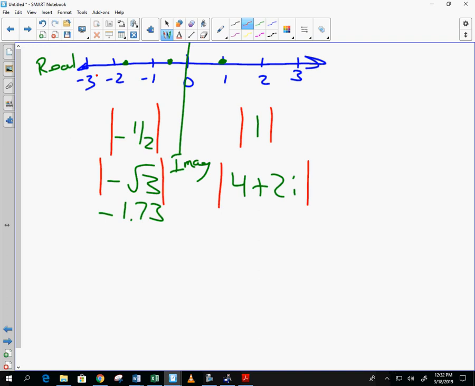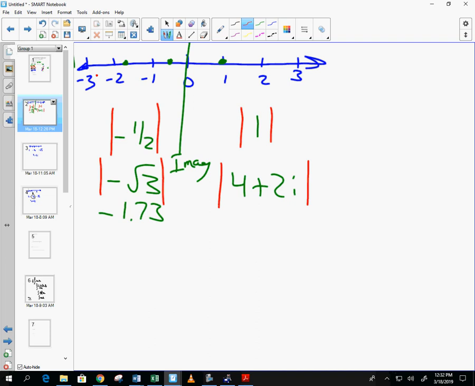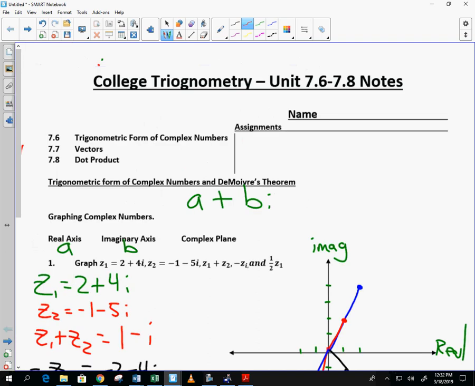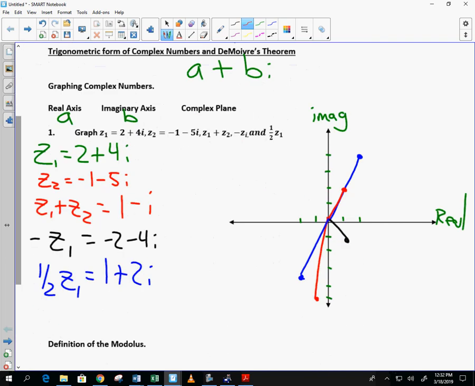Well, if we said that the absolute value of a real number is its distance from 0, then the absolute value of a complex number should be what? Its distance from the origin. See that? So let's look at that first one. Let's look at 2 plus 4i.